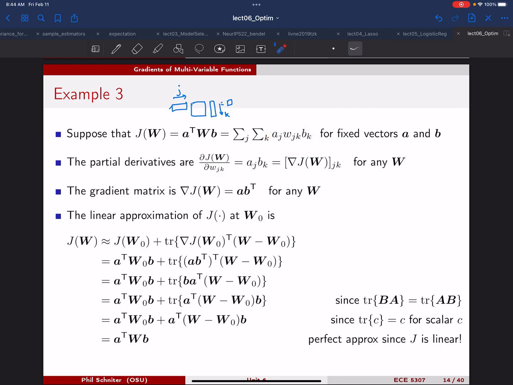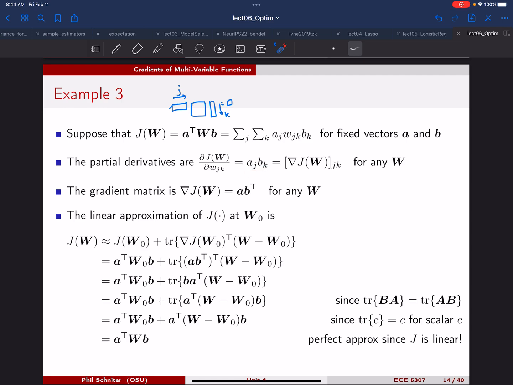So let's just call that single term this. Now we want to do the partial derivative of that with respect to wjk, right? That's pretty easy. Once I do that, I just get aj bk left. Okay, so we know that if I look at the jth row and kth column of the gradient, it's ajbk.